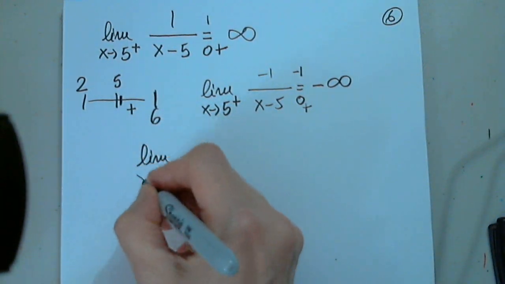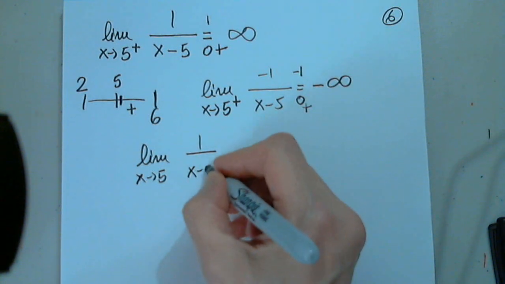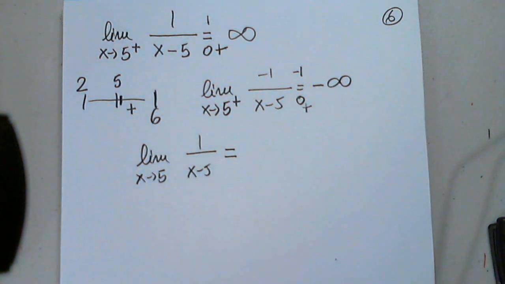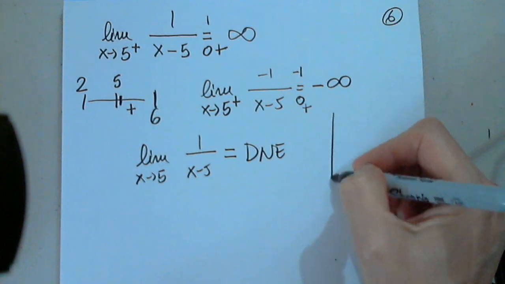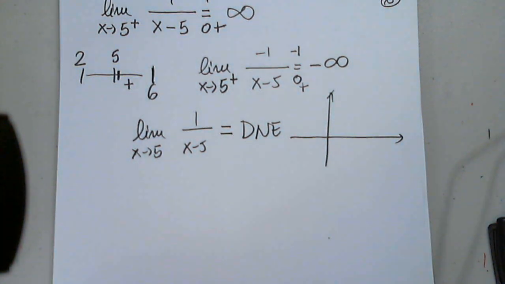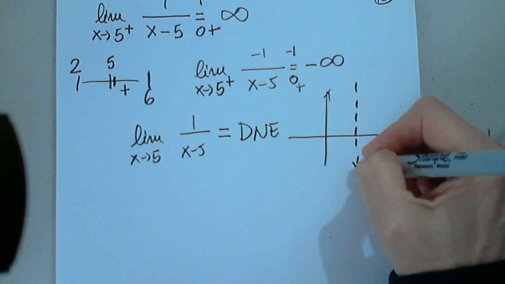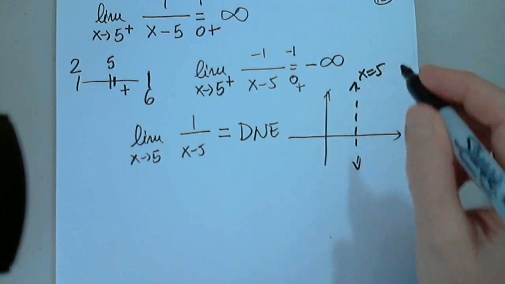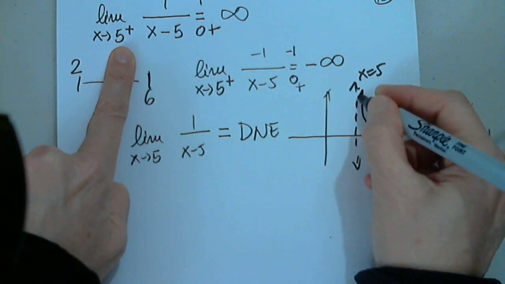Now, here's my next question. What about the limit as x approaches 5 from either side of 1 over x minus 5? What will you answer now? Does not exist. Of course. What does that mean? It means that at x equals 5, if you remember from college algebra, there is a vertical asymptote at 5, which means from the right the function goes to infinity.